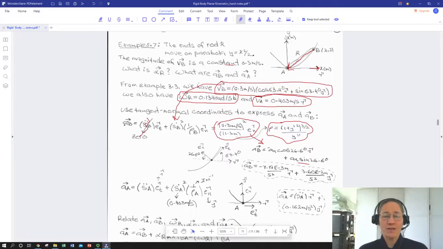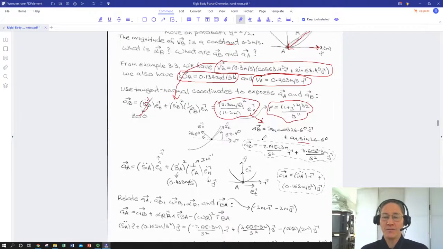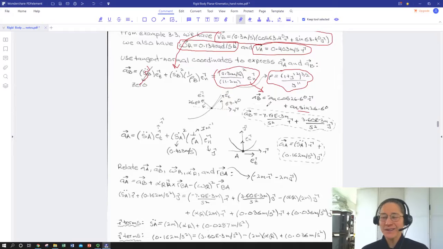So I've got two ways to express my acceleration of point B: in a tan-normal coordinate system and in an ij relative to the parabolic path. You can think of the i hat, j hat as the fixed reference frame, and you can think of the tan-normal as maybe more the moving one. You're moving along the path.